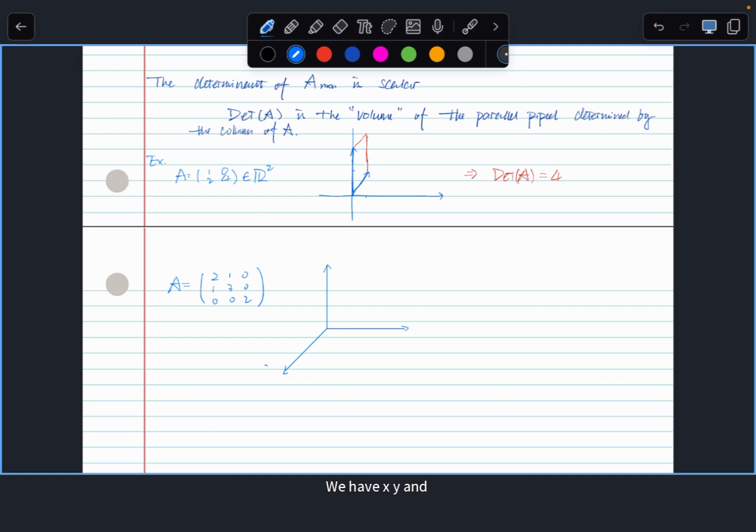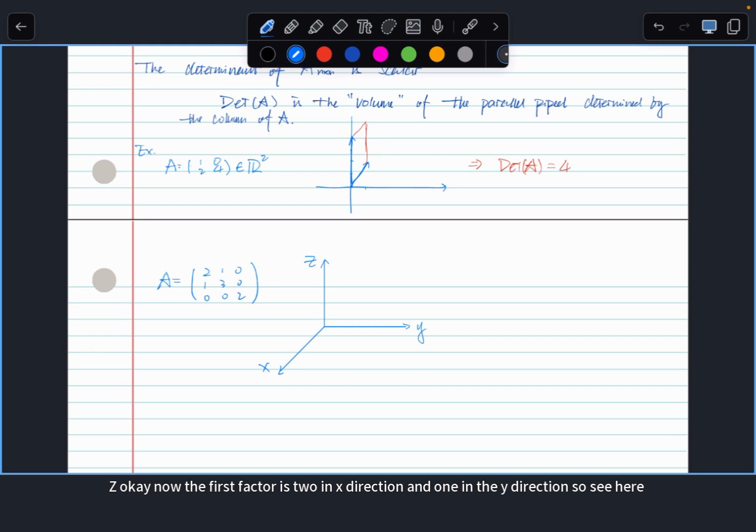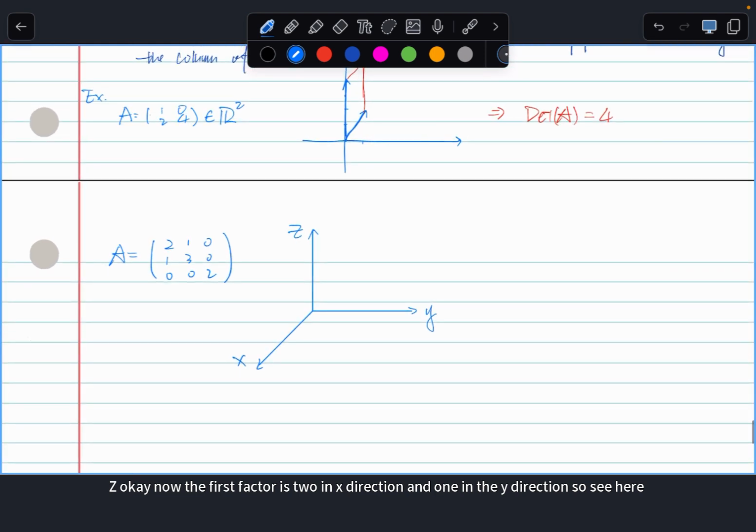We have x, y, and z. Okay, now the first vector is 2 in the x direction and 1 in the y direction.